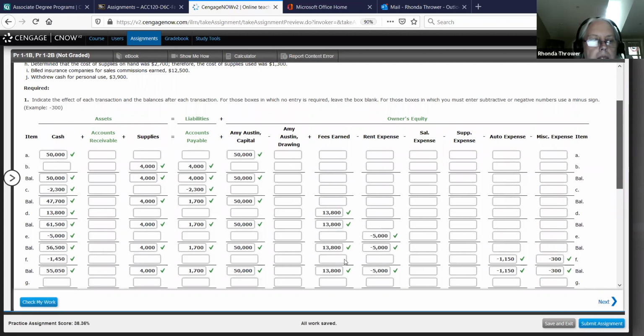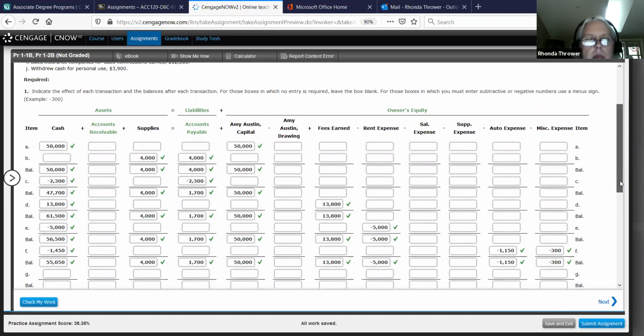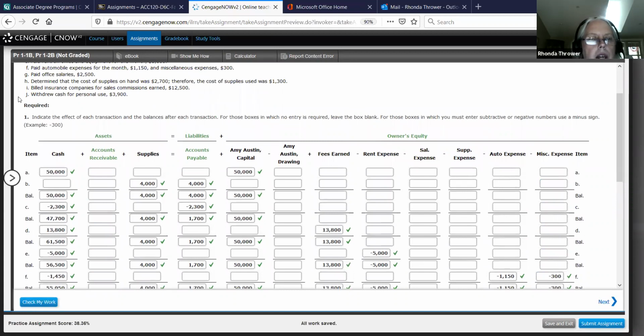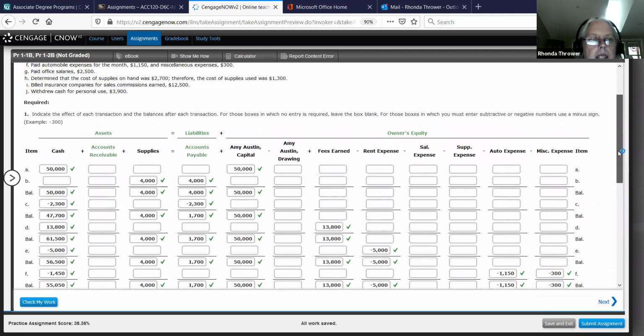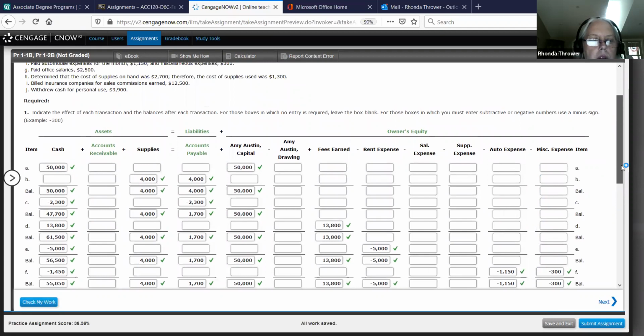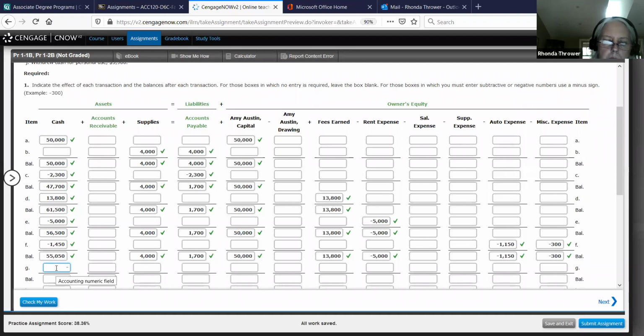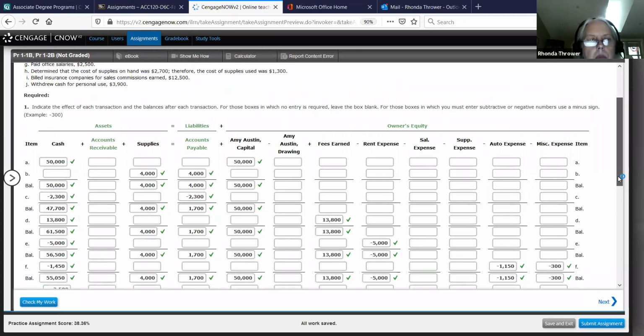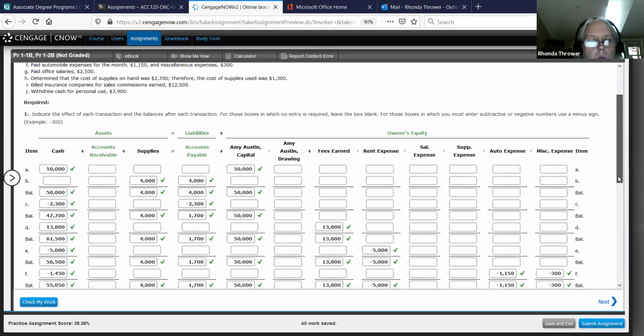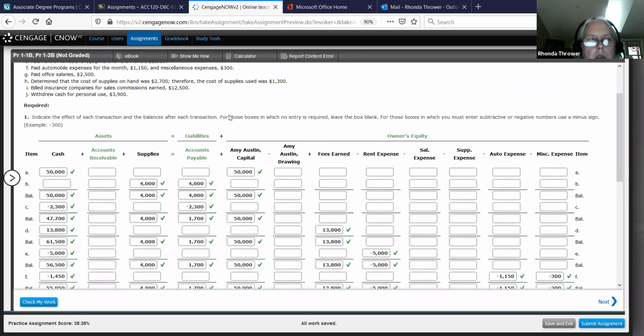We're getting ready to analyze transaction G. And in transaction G, we're simply paying our office salaries. So again, the word paid means that cash is decreasing. It's going to decrease by $2,500. And it was office salaries that we're paying for $2,500.